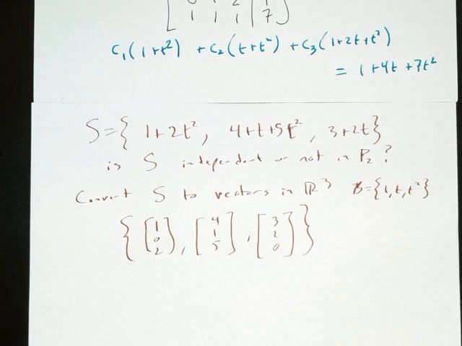Or the determinant, or check the number of pivots, all of that stuff. How many pivots do I end up with when I do reduced echelon form? I only end up with 2. That means they're dependent.